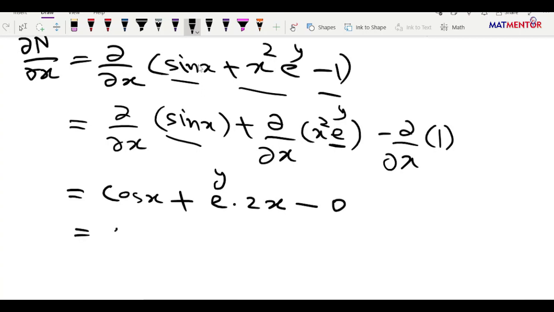So this is cos x + 2x e^y. This is our ∂N/∂x.